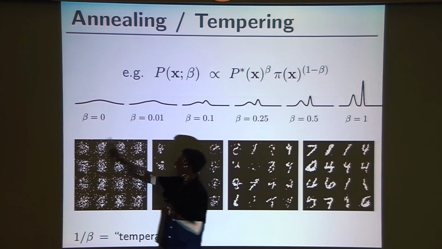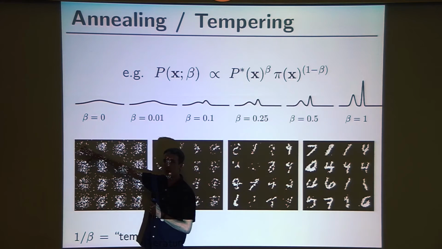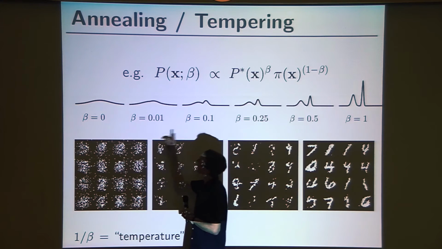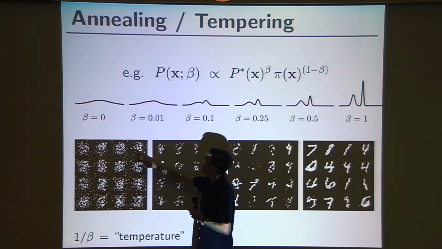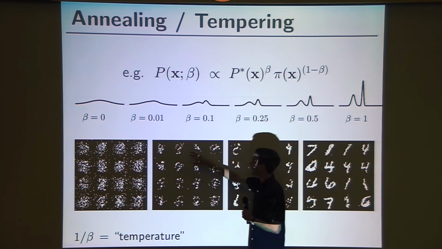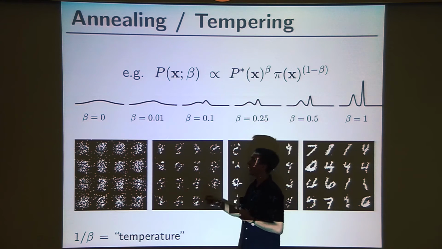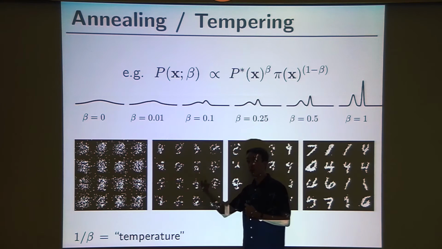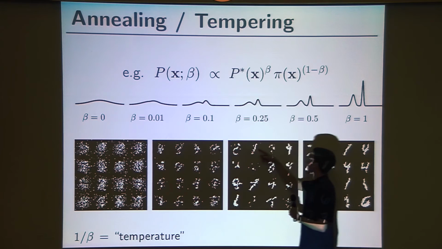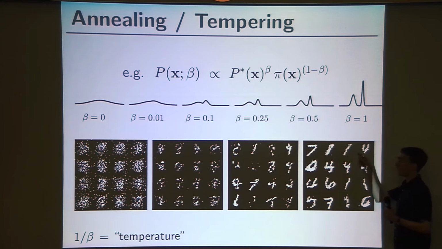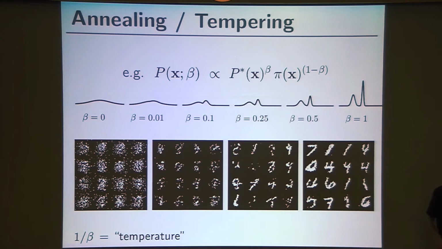I'm going to start off by sampling an image from my base distribution, which I can do because the base distribution is tractable. I'm then going to slowly increase the temperature and run a Markov chain the whole time I do that. So I'm going to run one step of my Markov chain with beta equals 0.01. I'll then set beta equal to 0.02 and run another step of a Markov chain, and slowly end up at one of these digits. Now that whole sequence of operations, maybe I went through 1,000 temperatures, defines a joint distribution over 1,000 images.